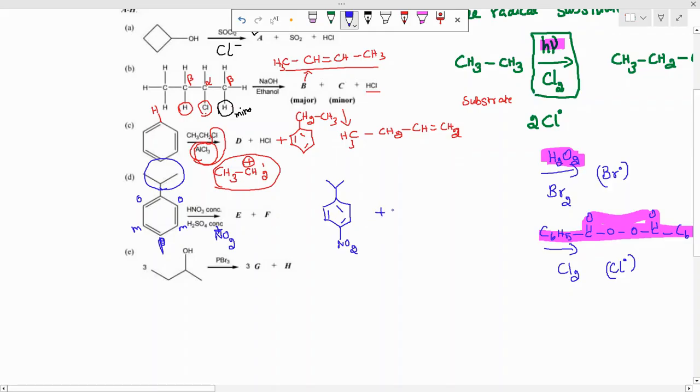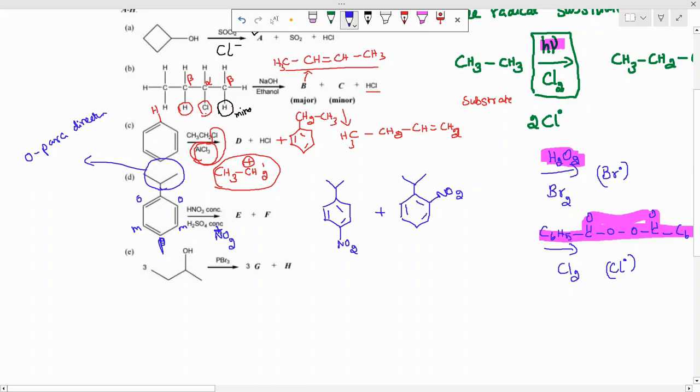And then the minor product also should be there, right? At the ortho position, due to steric hindrance, because this group is nearby, right? So actually this group is ortho para directing. I will teach you which groups are ortho para directing and which are meta directing, don't worry. So this group is ortho para directing.